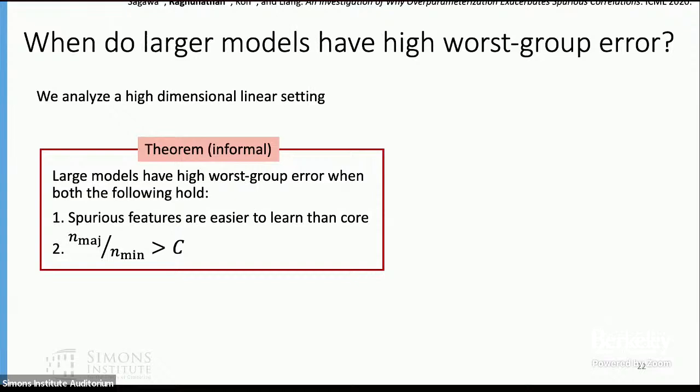So here's a pictorial description of what we think is happening. Let's say this is what the data look like. You have some land and you have some water. A lot of the examples are water birds in a water background. But there is potentially one minority example, a water bird in a land background.